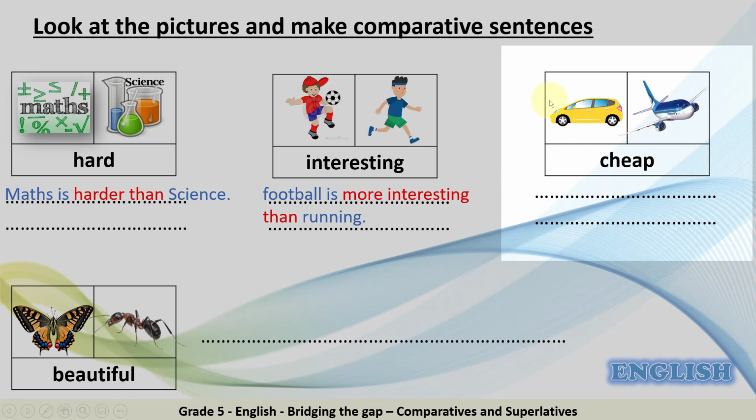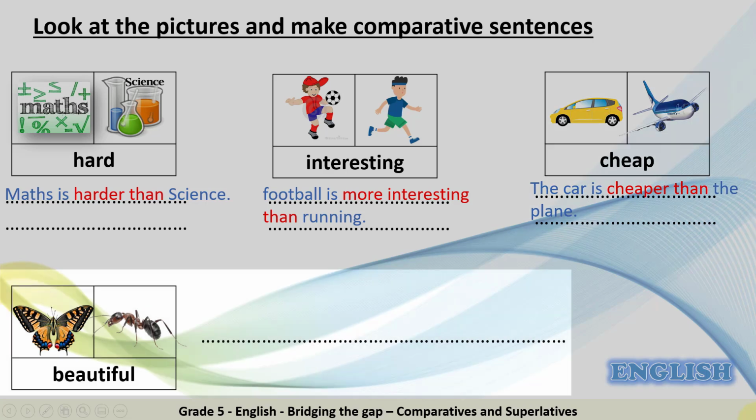Here is a car and a plane. We need to use the adjective cheap, which is a short adjective, only 1 syllable. So we just need to add er to the adjective. The car is cheaper than the plane. Here is a butterfly and an ant.